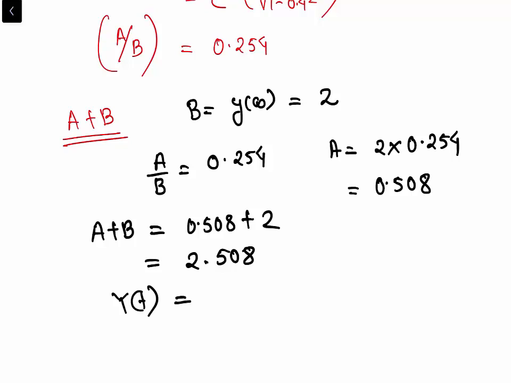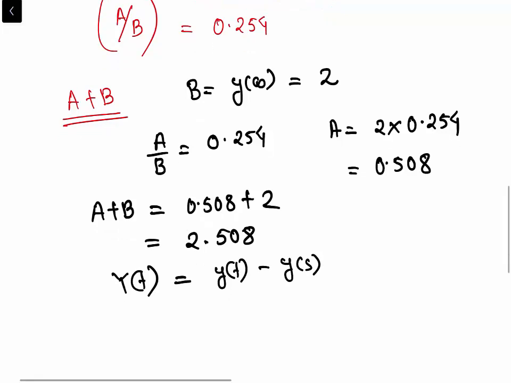This is the deviation from the steady state. The capital Y of t is nothing but small y, the new steady state, minus the steady state. So y of t here is coming 2.508.